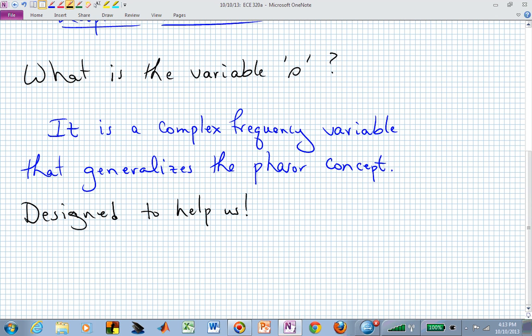And sometimes when we go into the frequency domain, we don't have to play as much with all of this trigonometry and manipulating that with sines and cosines. The complex algebra takes care of all of that for us automatically, and that's one of the powers or the beauties of the Laplace transform.